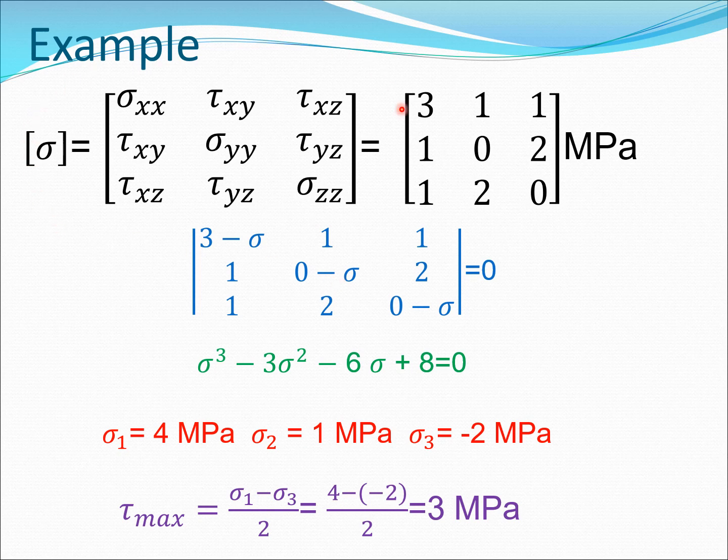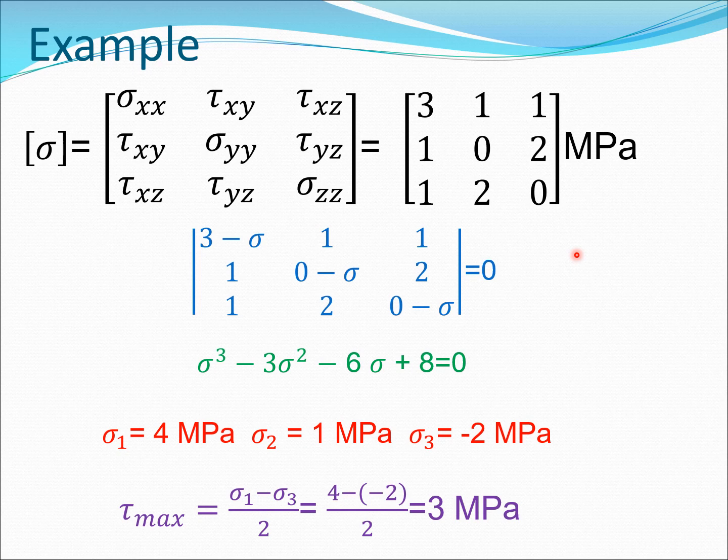So here I have given the stress matrix and we have put some numbers here for the stress matrix. So sigma xx is 3 megapascal, sigma yy is 0, sigma zz is 0, tau xy is 1 megapascal, tau xz is 1 megapascal, and tau yz is 2 megapascal. So we have a typical stress matrix here which corresponds to the stress state at a given point.